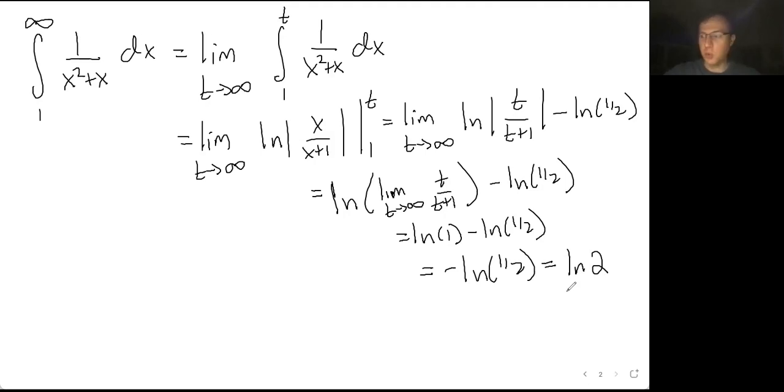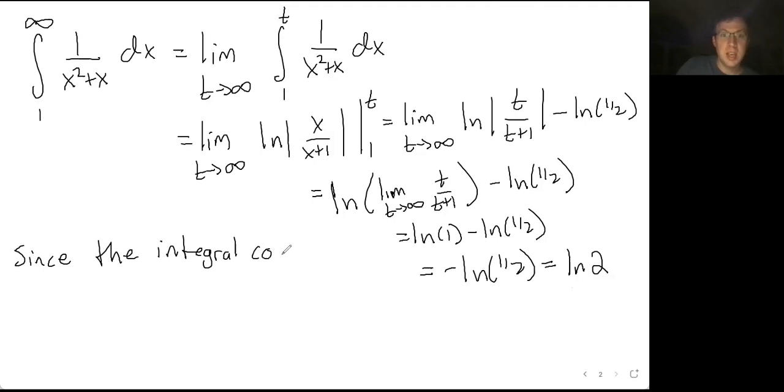is. So what do we end up doing? What do we use this natural log of 2 for? So what we get to say is that since the integral converges, that's this natural log of 2, we get a finite number.